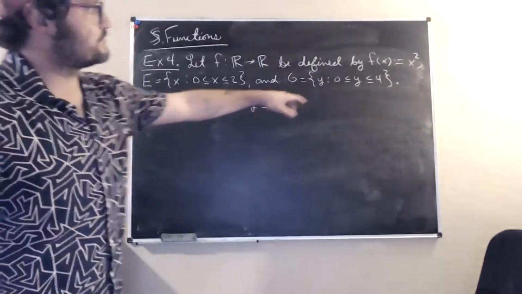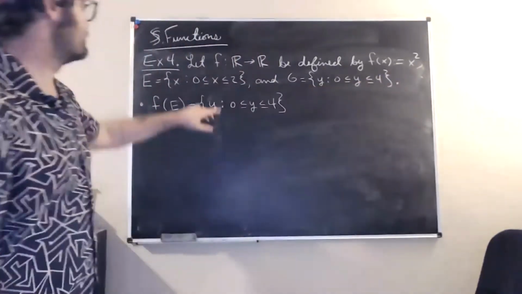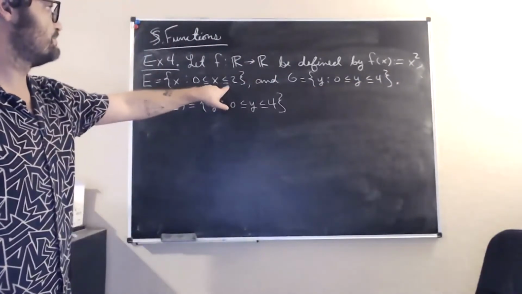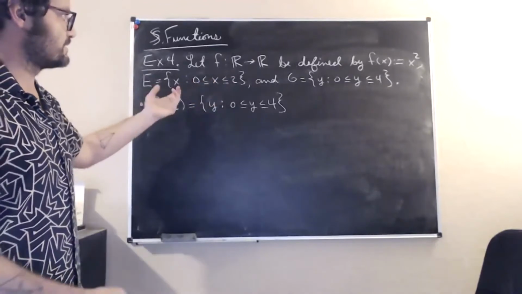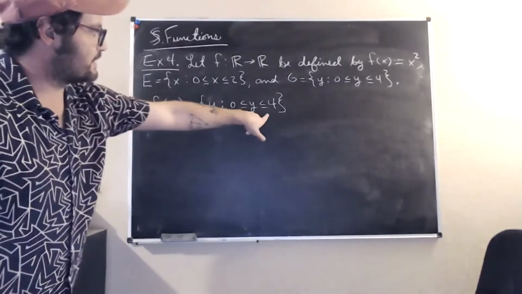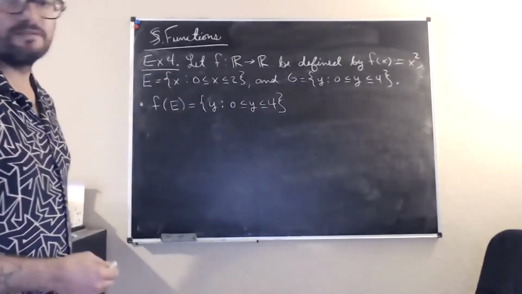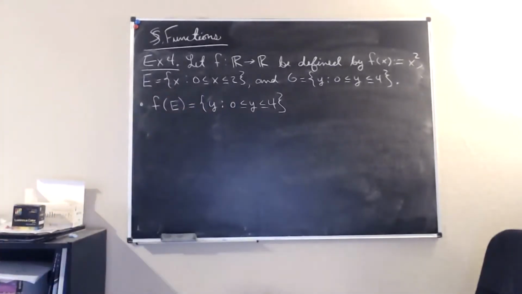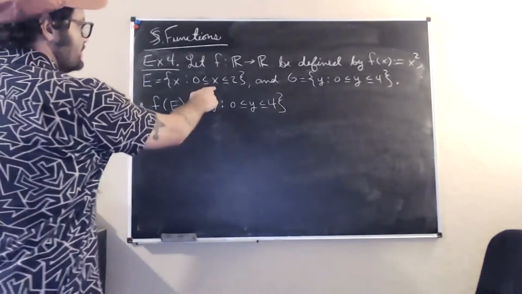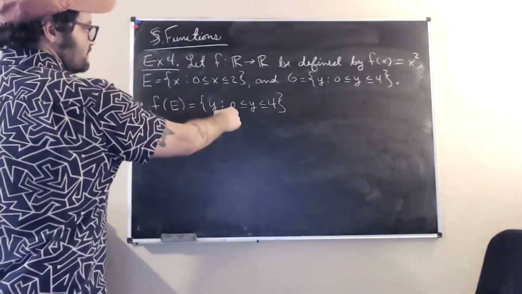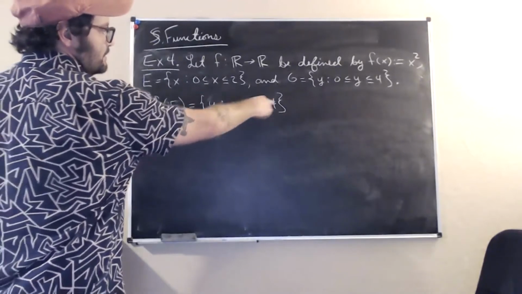Our function is defined by just squaring the entry. So if we look at every x in there that's possible, and you square it, it'll satisfy this property, right? So everything in here belongs to this set. It has to, because if you're in there and you square it, then you're at least 0 and at most 4.